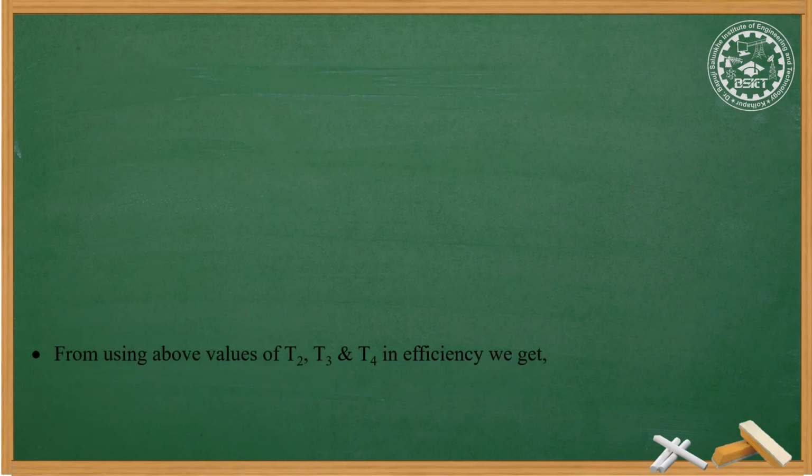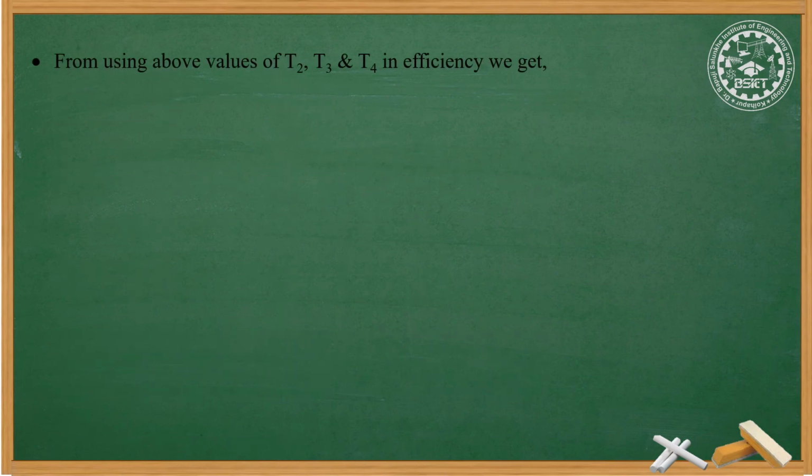Substituting the values of T2, T3 and T4 in the efficiency equation, we get efficiency equal to 1 minus 1 upon gamma into (T4 minus T1) upon (T3 minus T2).